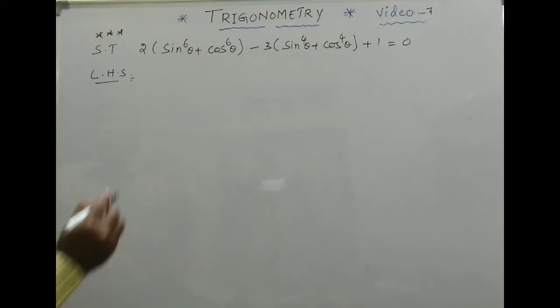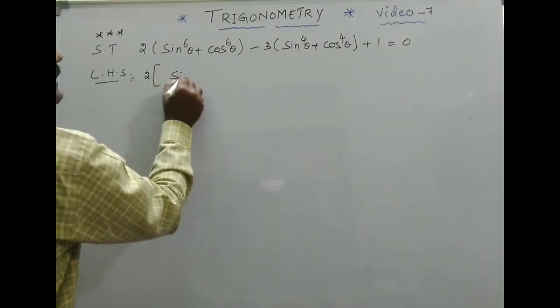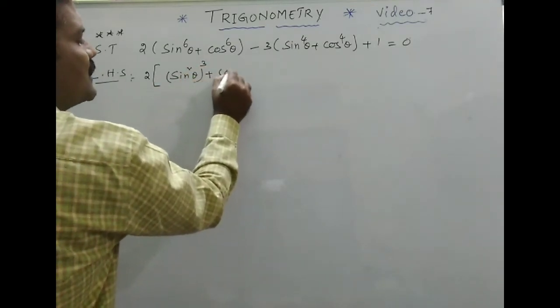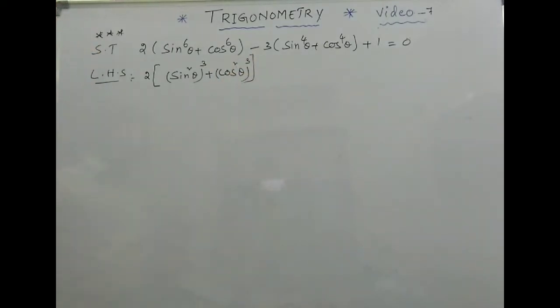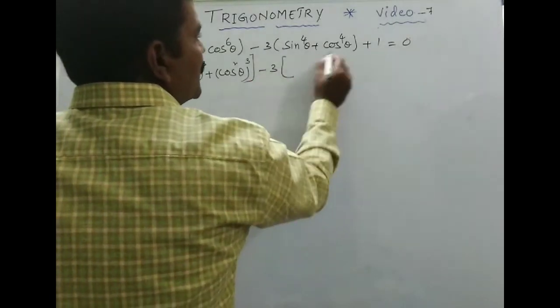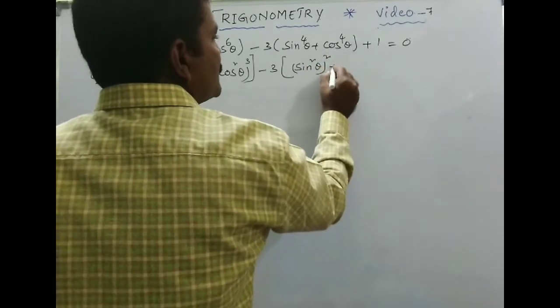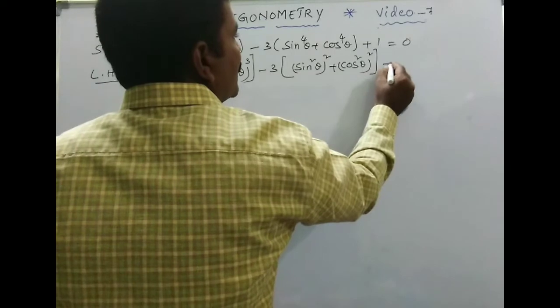So coming to LHS, 2 into, this power 6, I want to write as sine square theta whole cube plus cos square theta whole cube. Minus 3 into, in the same way, sine square theta whole square plus cos square theta whole square, and plus 1.